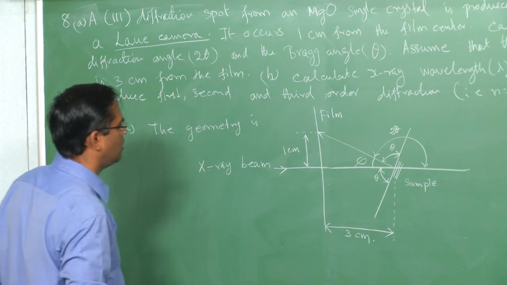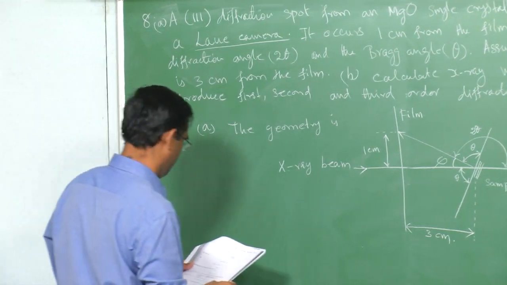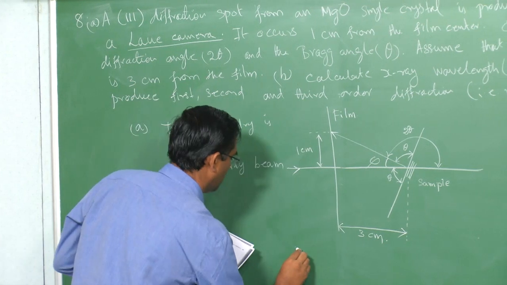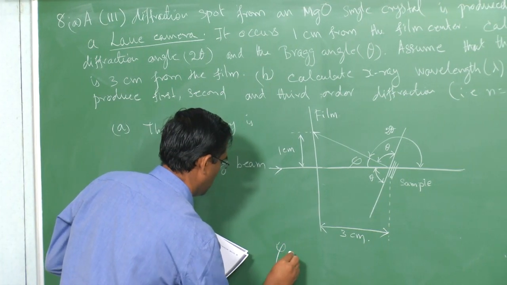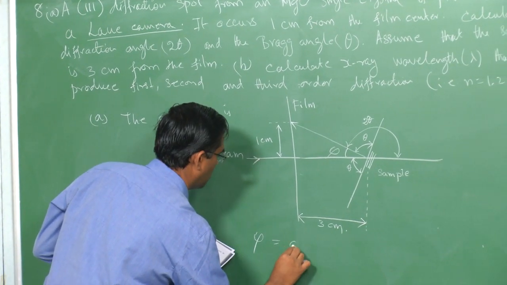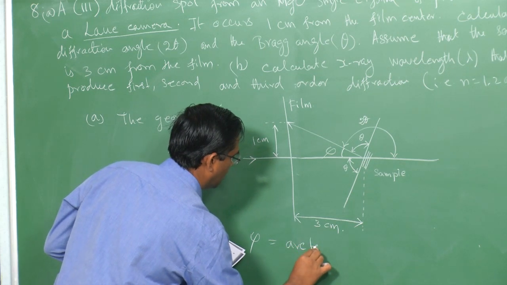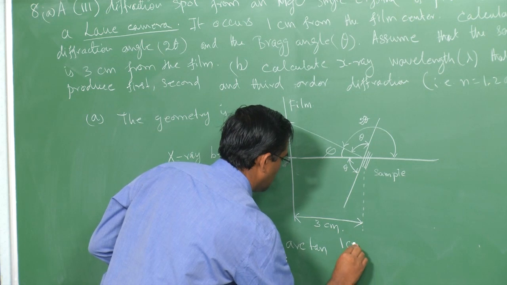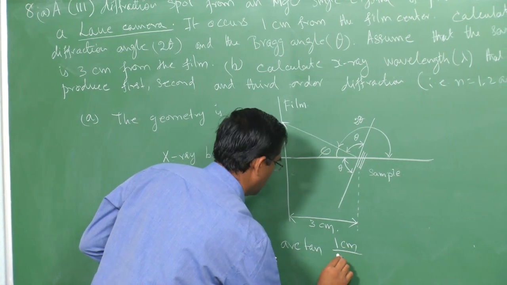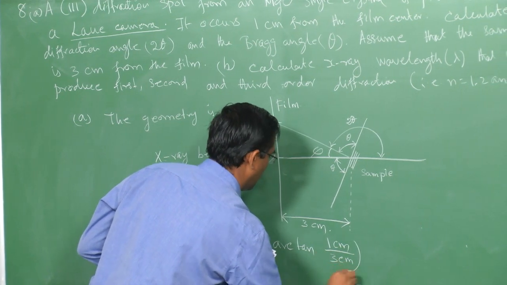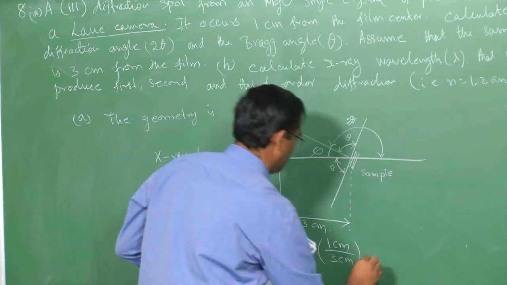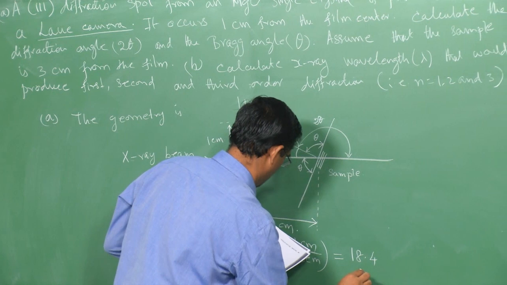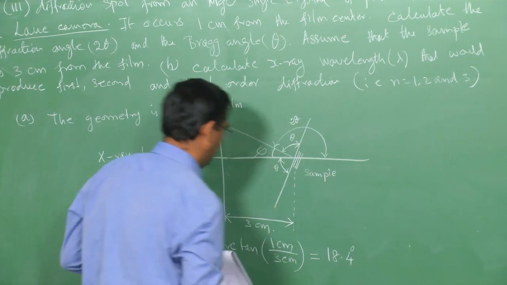So, from this geometry we can work out phi is equal to arc tan 1 centimeter by 3 centimeter, which is equal to 18.4 degree.